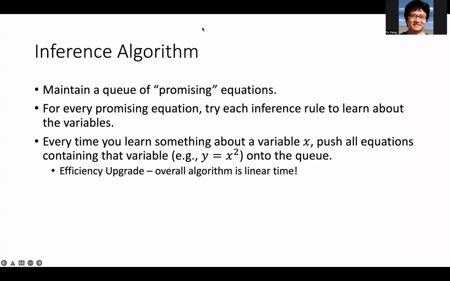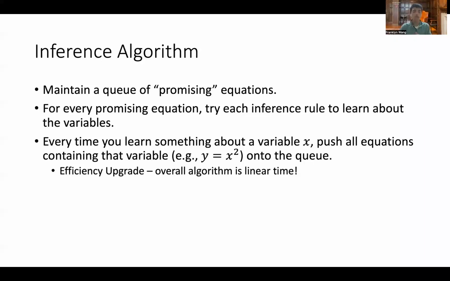So could you elaborate a little bit? Are you going to illustrate what you mean by promising equations? It doesn't actually matter what equations you use to begin with. You could just put everything on here if you wanted.